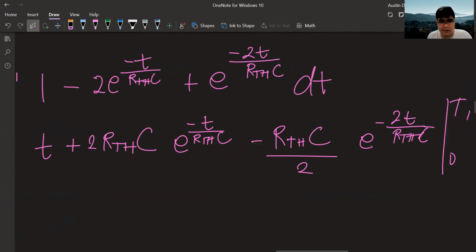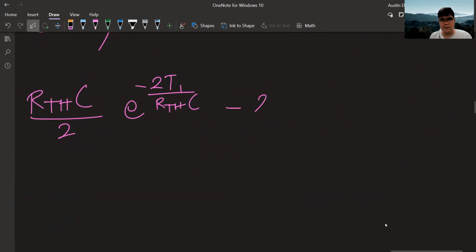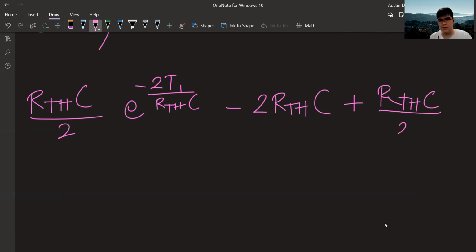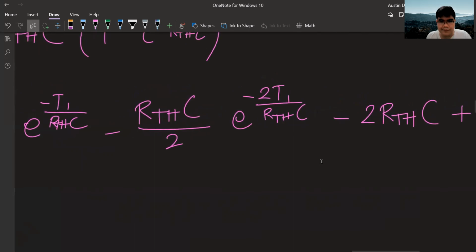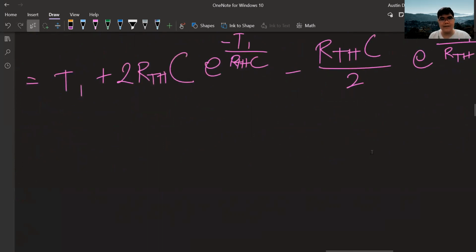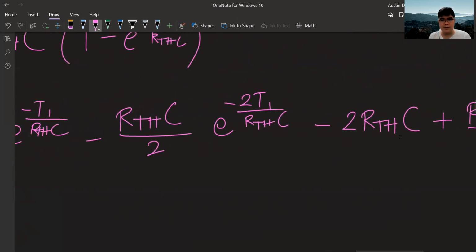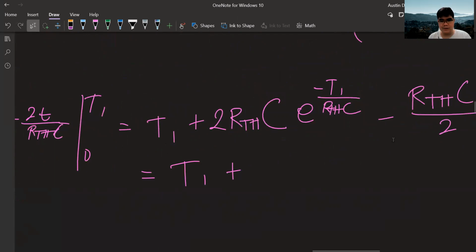Okay, so this is a constant, this is a constant. So minus 2 R_th C plus the other one is R_th C over 2. So we can simplify this further as something like this: t1 plus, okay, gawin natin minus ito.